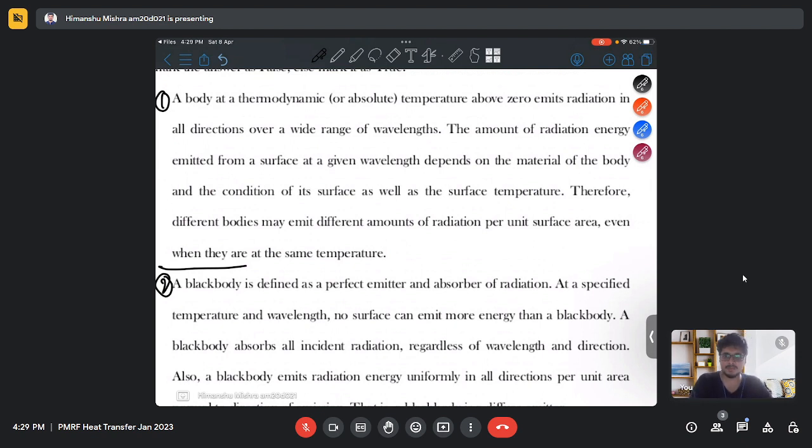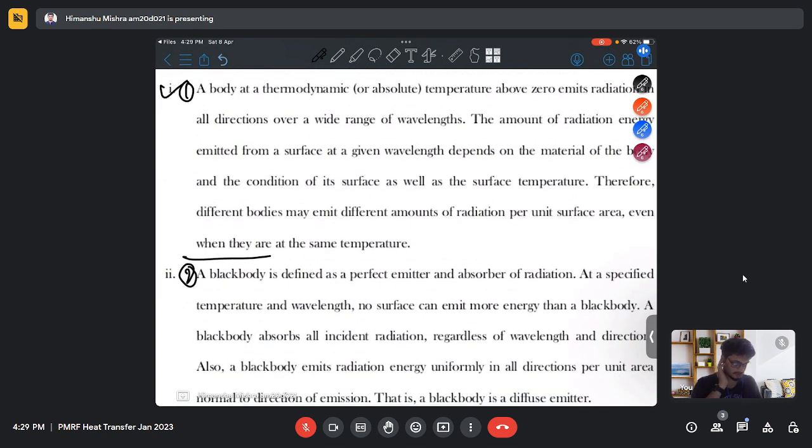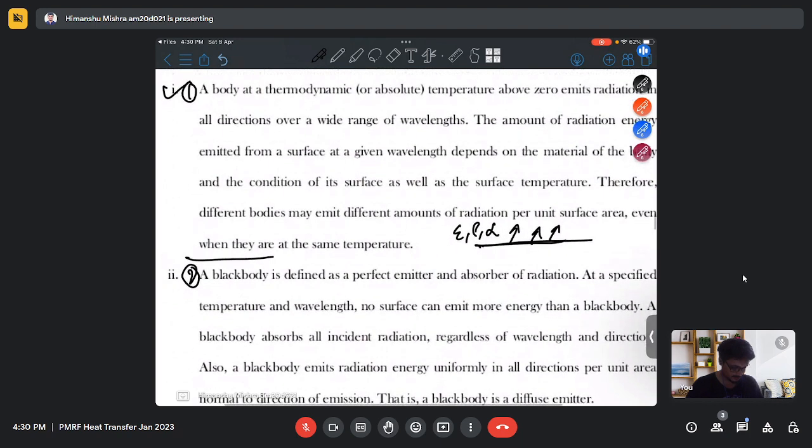Yes, sir, it is true. Even at the same temperature, depending upon properties like emissivity, reflectivity, or total absorption capacity, it can emit different amounts of radiosity or radiation, which means statement one is correct.